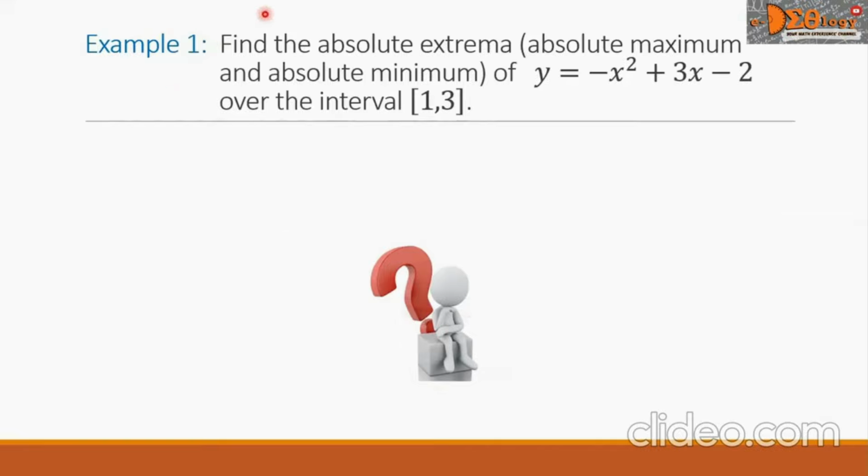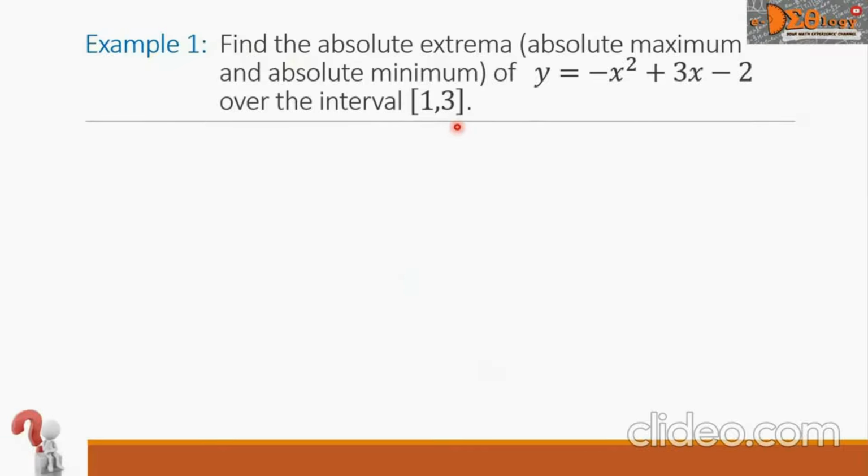Example 1. Find the absolute extrema, that means the absolute maximum and the absolute minimum, of the function y equals negative x squared plus 3x minus 2 over the interval from 1 to 3. For our solution, let us do step 1, and that is to evaluate the function f at the endpoints.